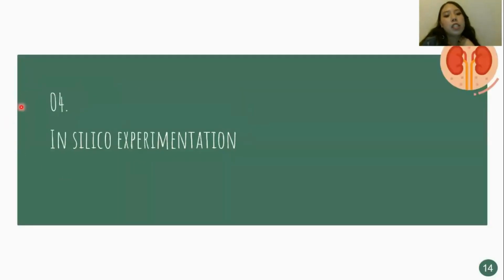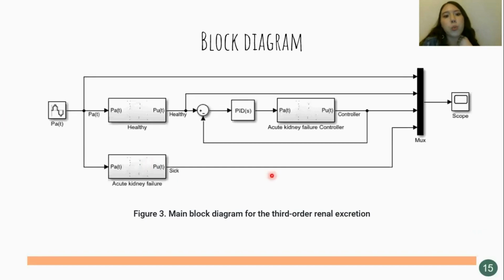Now, in this part, in silico experimentation, we have the block diagram that we use in Simulink. The input is PI. This enters the healthy block and the acute kidney failure block. In the acute kidney failure controller, where we have the PID, the input is the healthy one, and we have a negative feedback.